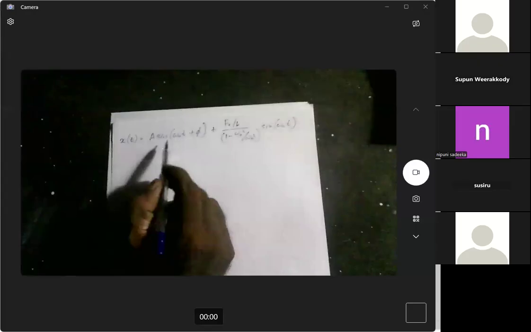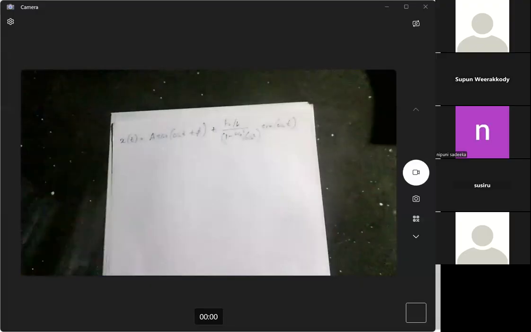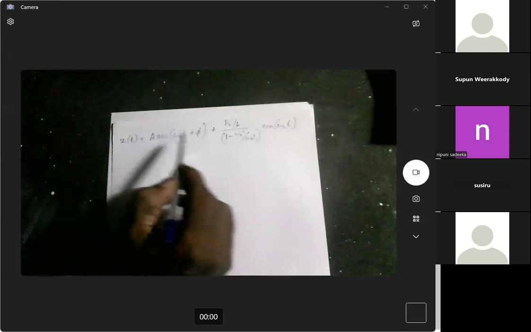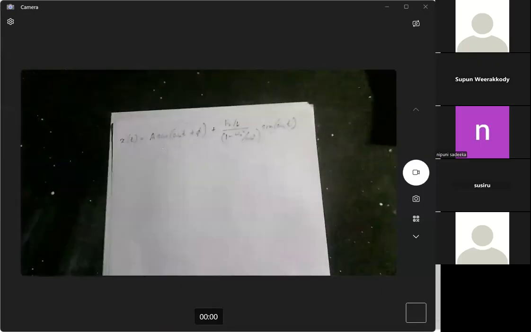There is a sine function which depends on the natural frequency of the system, which is a property of the system, and there's another sine function which depends on the frequency of the external force. So this is something in the system itself. This is something coming from the external force.